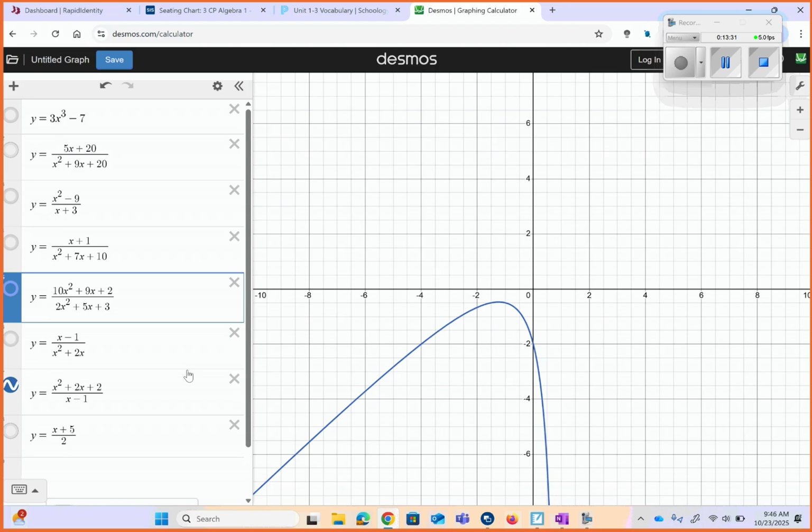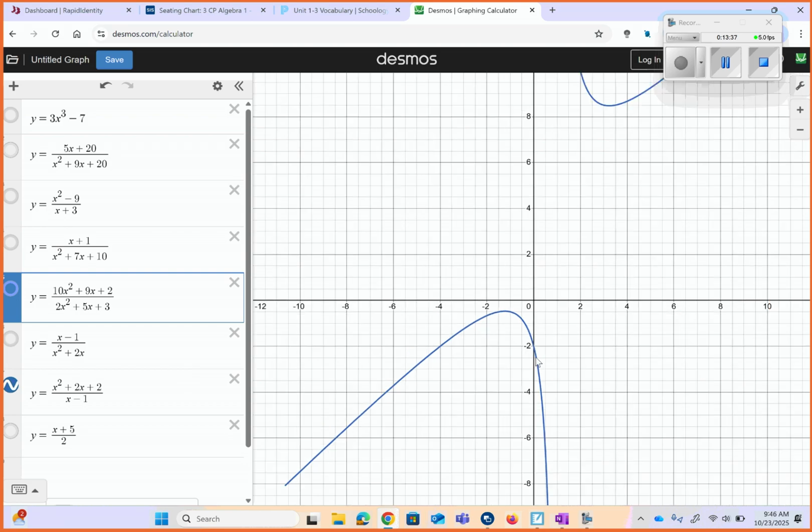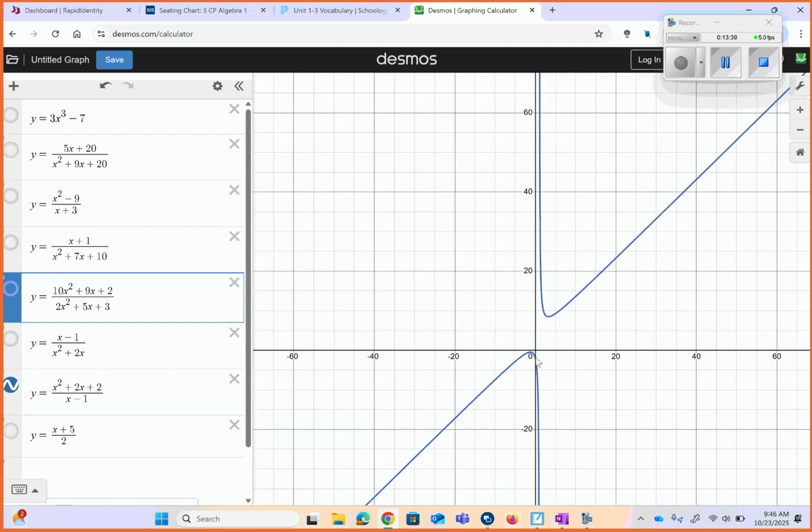And then, let's see, x squared plus 2x. So as this is going to infinity, so as I continue to go to the right in the x direction, where is this graph going to go, you think? What's way up that way? Infinity, yep.